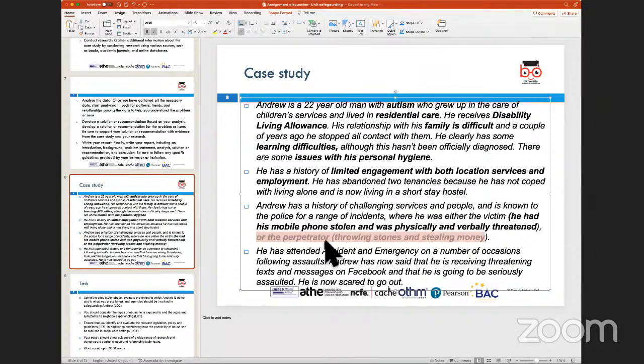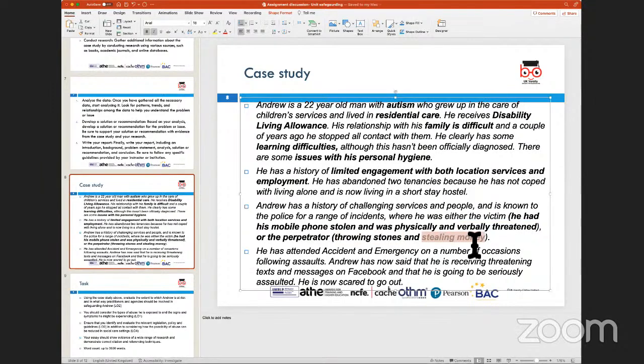There are 10 types of abuse that we have studied, which start from bullying, emotional abuse, financial abuse, institutional abuse, neglect by others, physical abuse, psychological abuse, self-neglect, and sexual abuse. So as you can see in this case study, 1, 2, 3, 4.